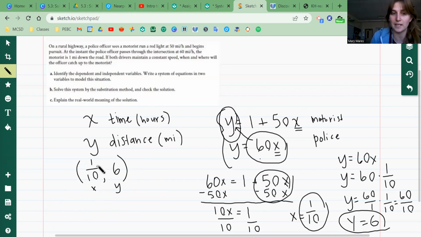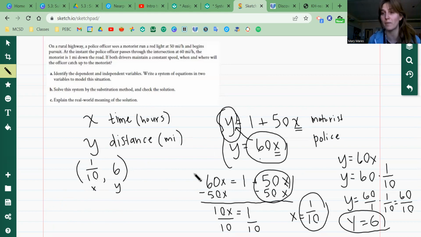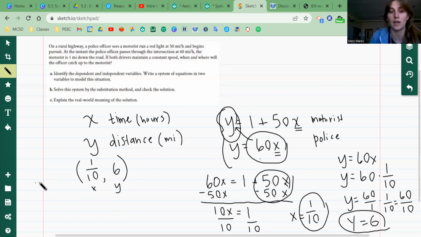And then one other thing I want to do is check my solution, okay? And the way that I do that is I plug in my x value into x, my y value into y, and I check to make sure that both of my equations are true, okay? So I plug in 1/10 for x and 6 for y. Let's do it in this top equation, y equals 1 plus 50x.